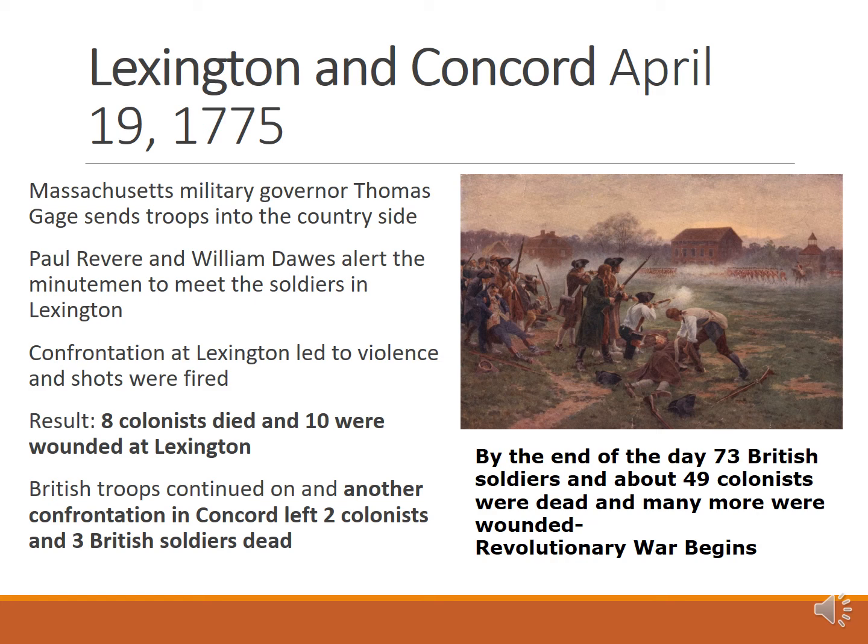And for a very long time, historians have wondered how did they know that the British were organizing this movement? And it turns out that it's very plausible that it was actually Thomas Gage's wife, a woman by the name of Margaret Gage, who was actually a colonist herself.